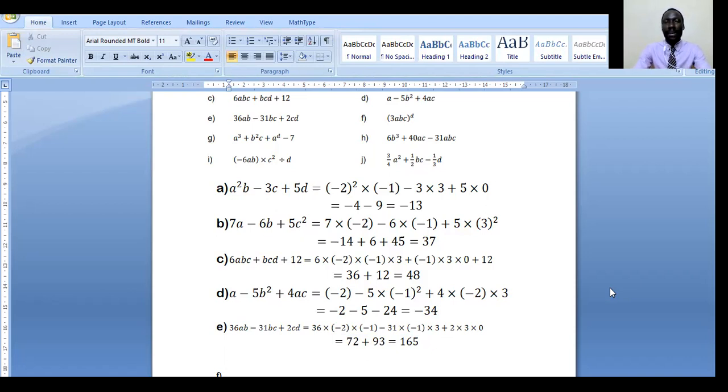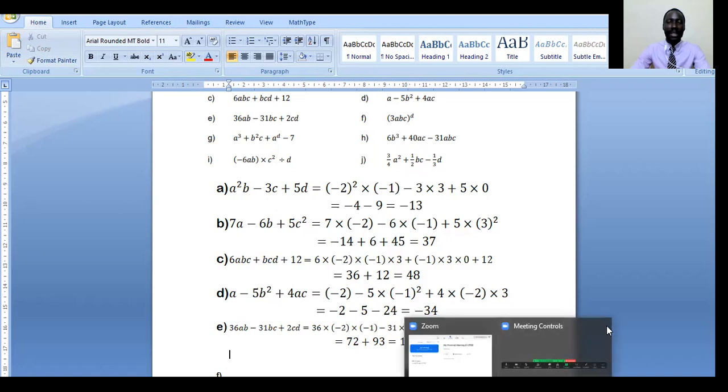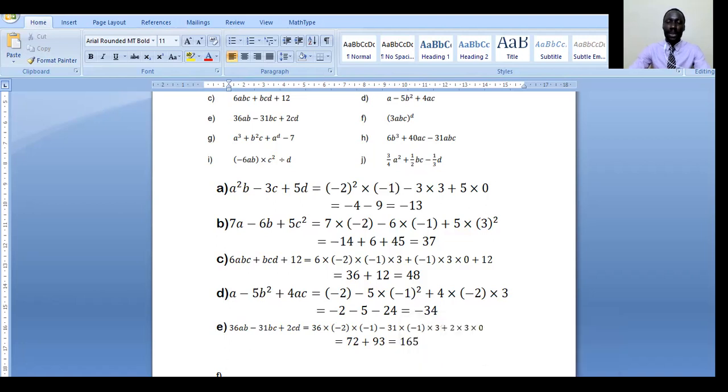If the variable has a negative sign, then please put it inside the bracket. Then you simplify later using a calculator. If it has a positive sign, it's fine, you can keep it like that. But as soon as you notice it has a negative sign, make sure to put it inside the bracket. And yes, that's where we stop for this lesson.